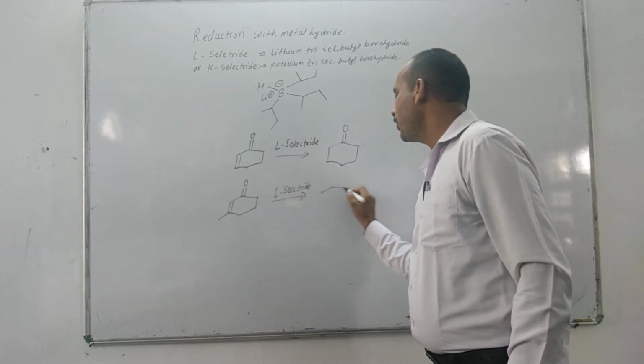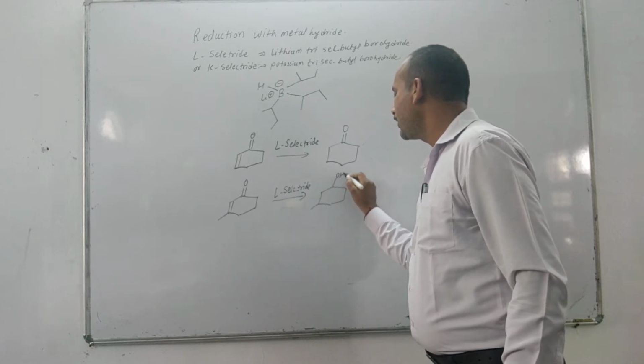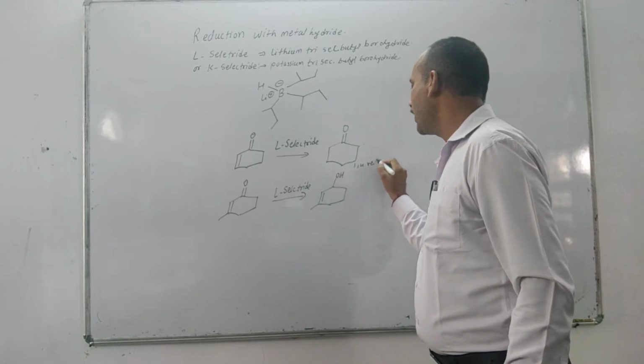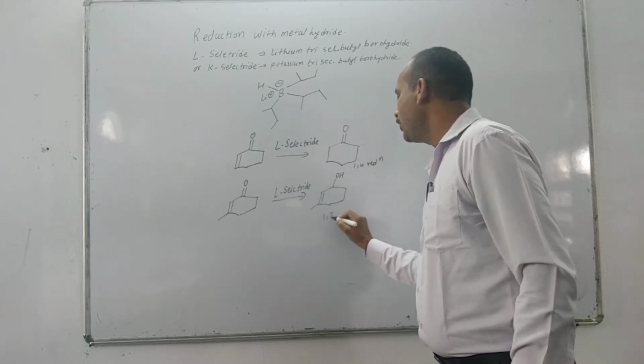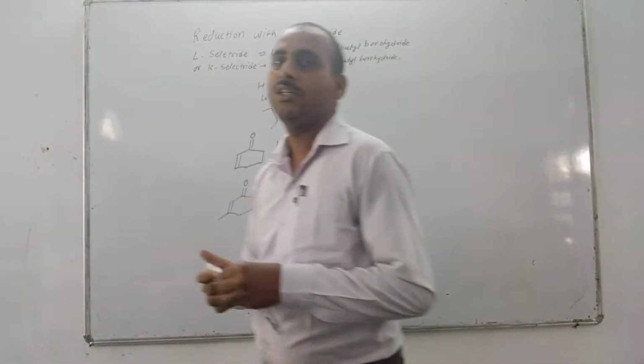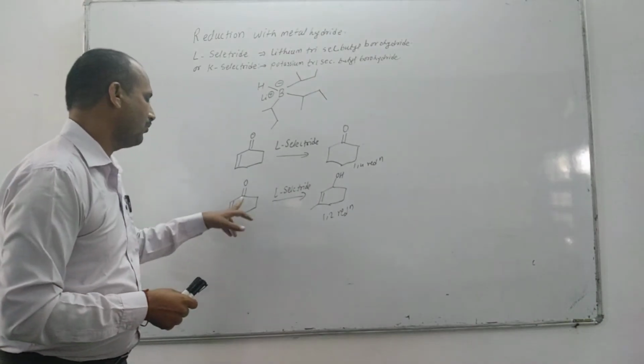So there is formation of OH, with the double bond remaining as it is. So this one is 1,4 reduction and this one is 1,2 reduction.